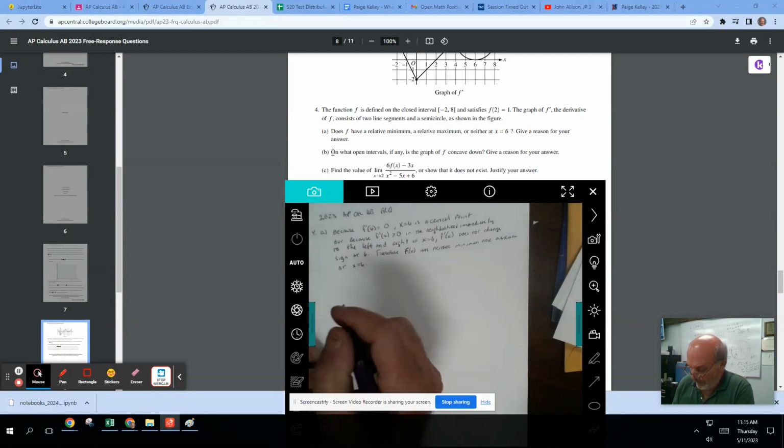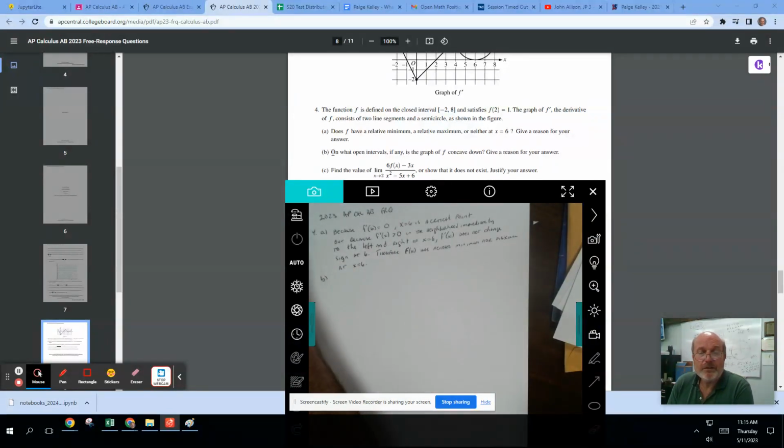On what open intervals, if any, is the graph of f concave down?